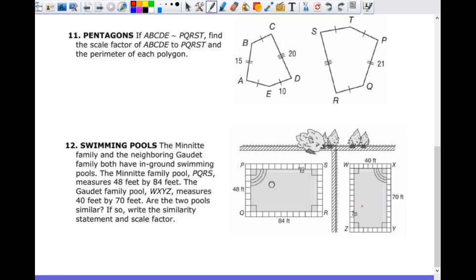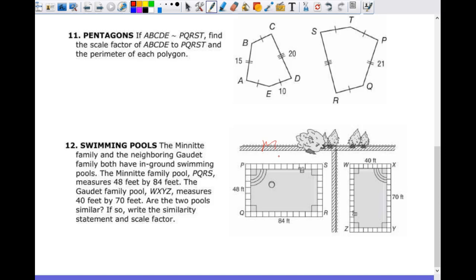Okay. So swimming pools. The Minette family and the neighboring Gaudet family both have in-ground swimming pools. The Minette family's swimming pool is PQRS. So this is the Minette one. The Gaudet swimming pool measures 48 feet by 84 feet.